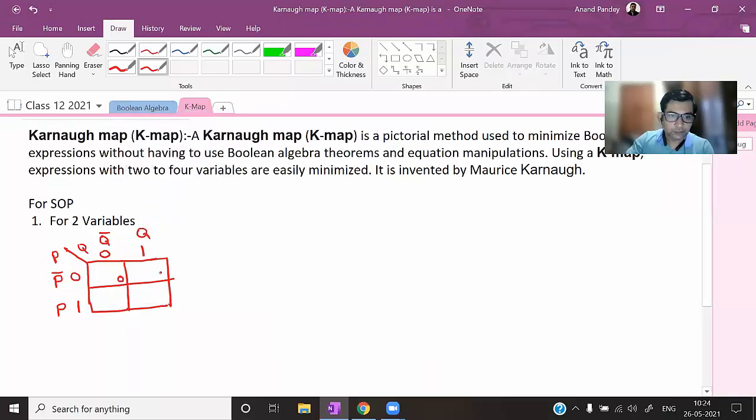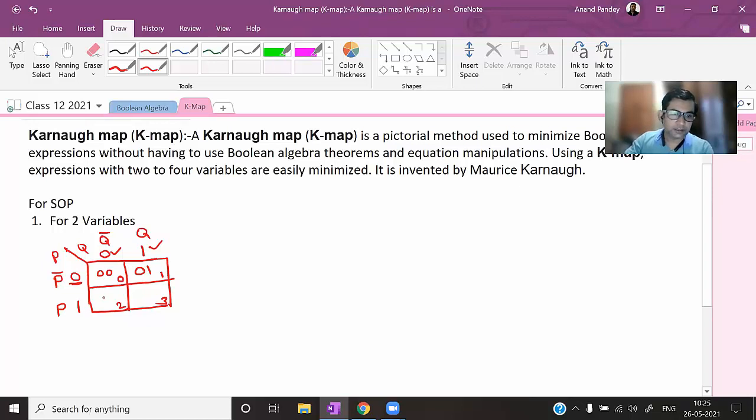0, 1, 2, 3. How 0? Please listen to how I'm writing 0 here. This is 0, this is 0, right? So 0, 0 is the binary code of what? 0. Now see this box: 0, 1 is the binary code of what? 1. So that's why 1.